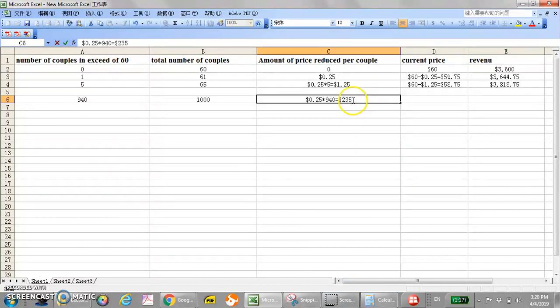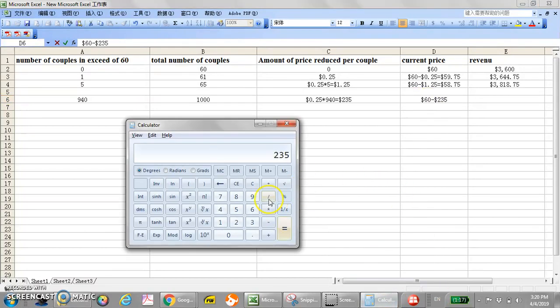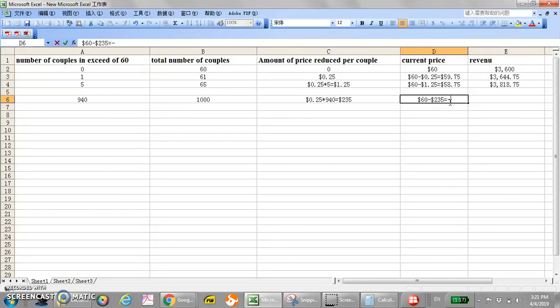So what does this number mean? It means the price every couple will be charged is 60 minus this number, 235. It turns out they will be charged negative 175.